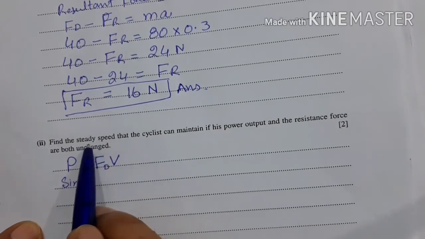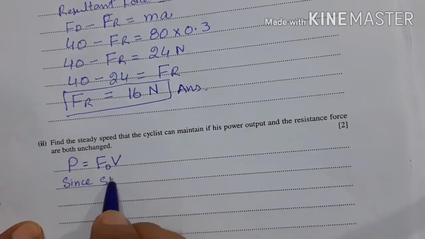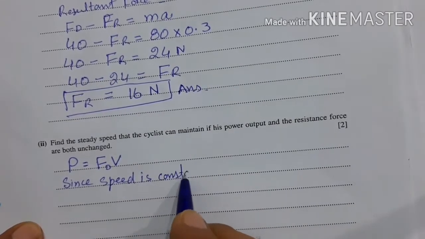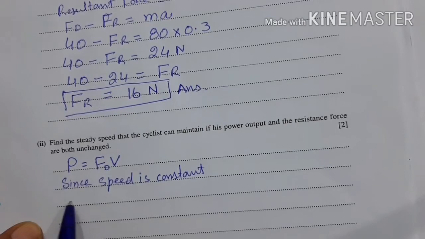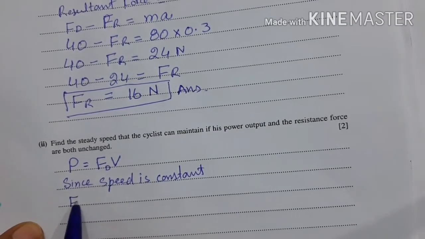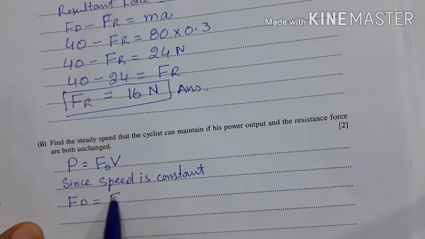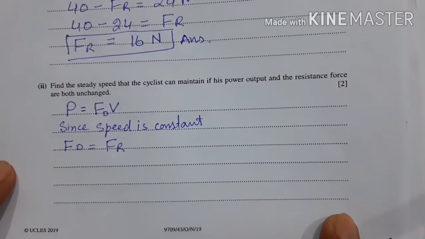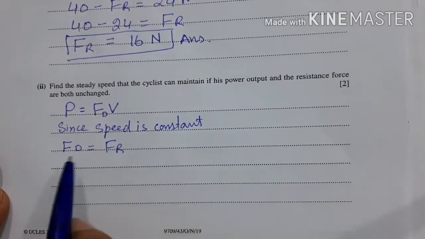Since the speed is steady, speed is constant, it means there is no resultant force. That's why Fd is equal to Fr, meaning forward driving force is equal to backward resistance force.